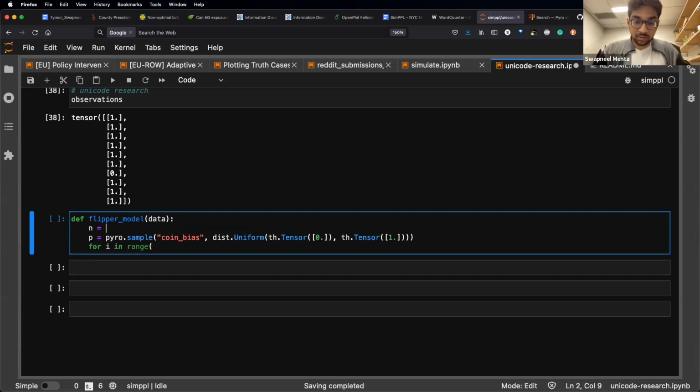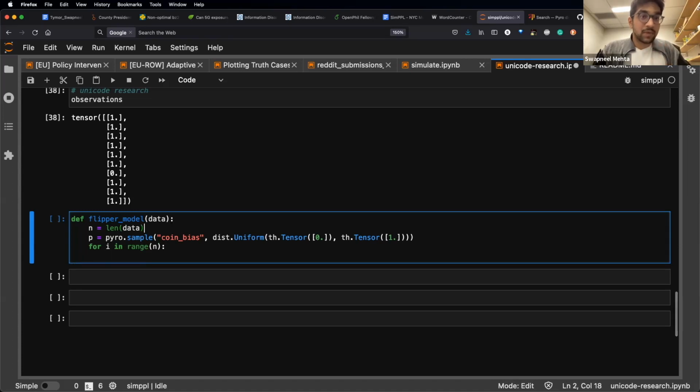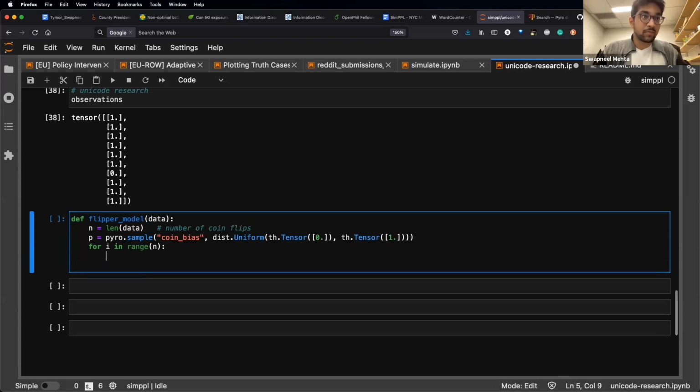N is equal to the length of data. Length of data is the number of coin flips. At any point, please interrupt me. I'm in a zone writing code, which is not a good thing.